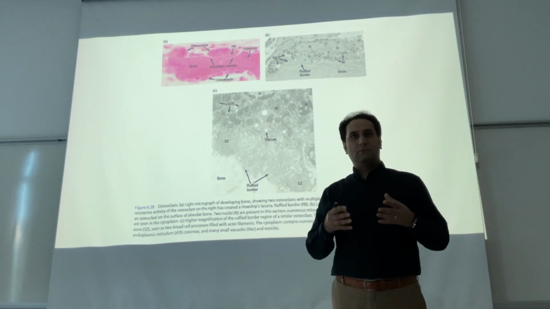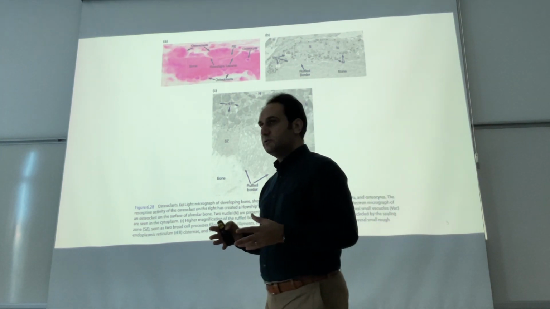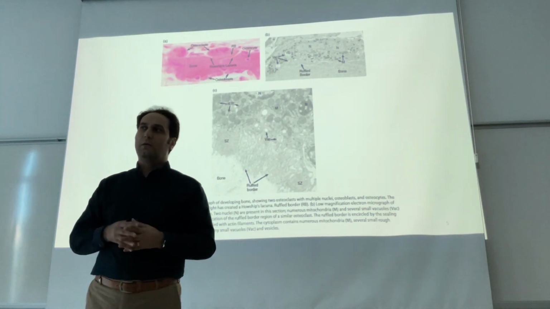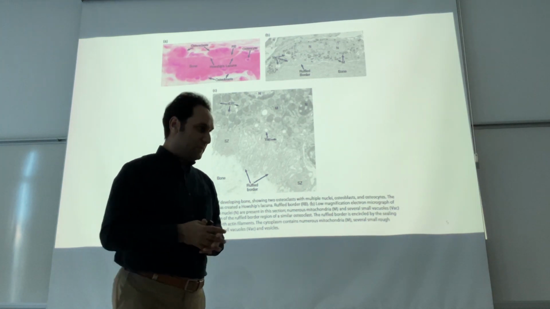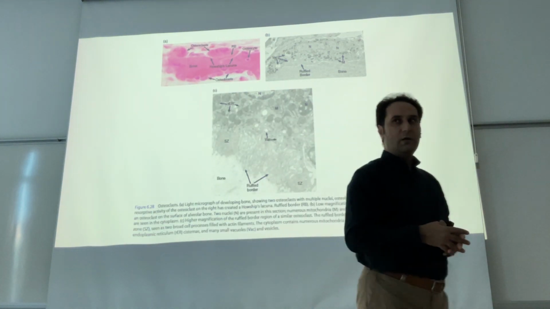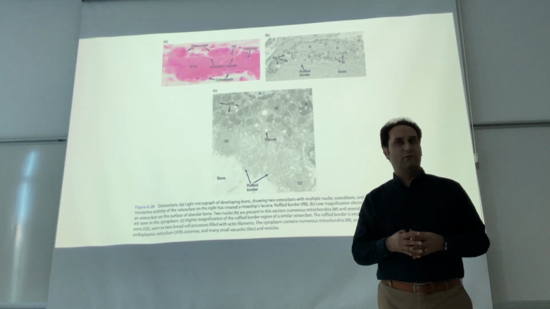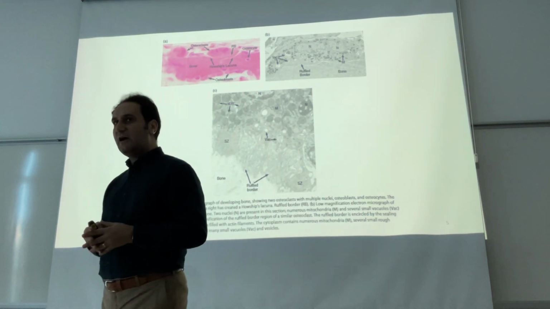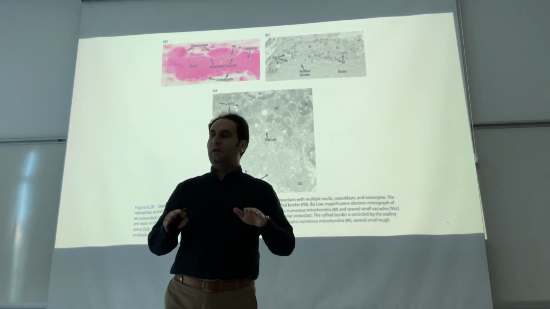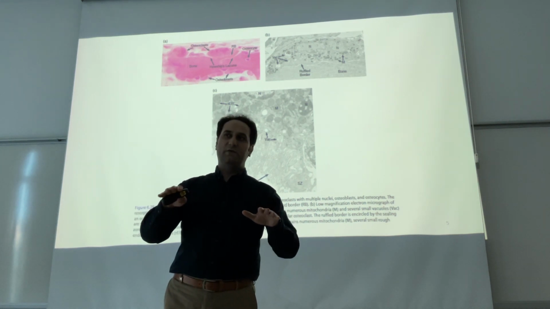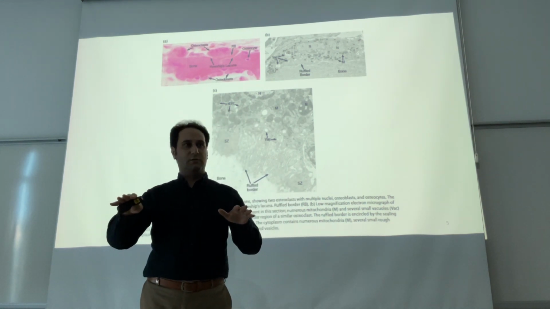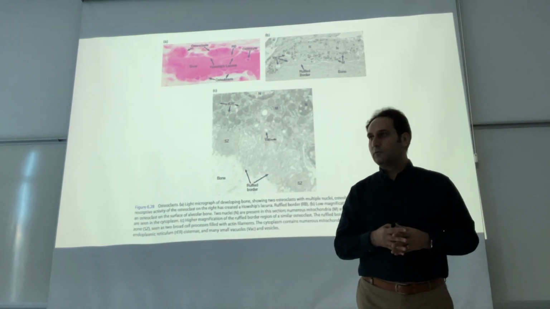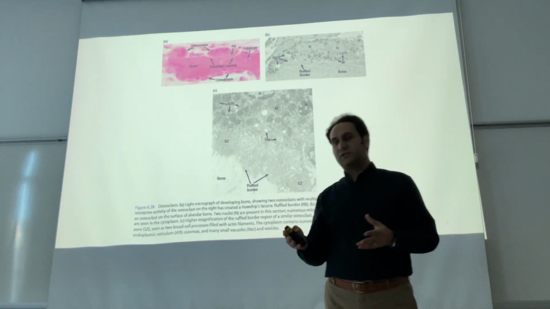In mid-age, after the epiphyseal plate closes, and in normal life, for example, at the age of 30, 40, 50, we have a normal ratio between bone formation and bone resorption. And this normal ratio helps our bone keep its normal shape.